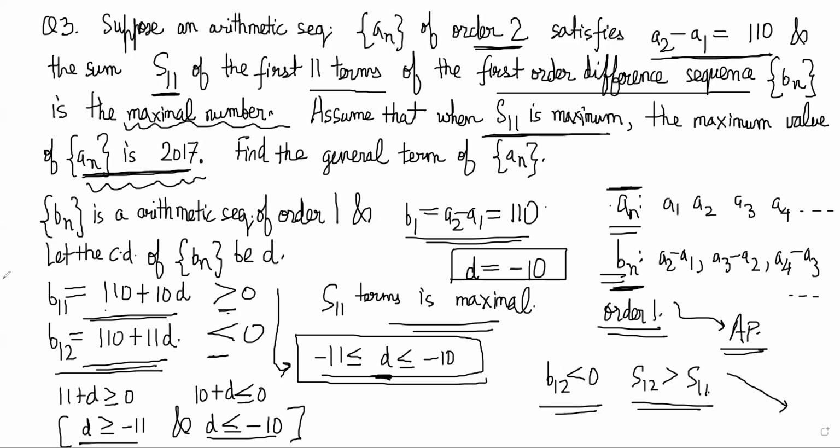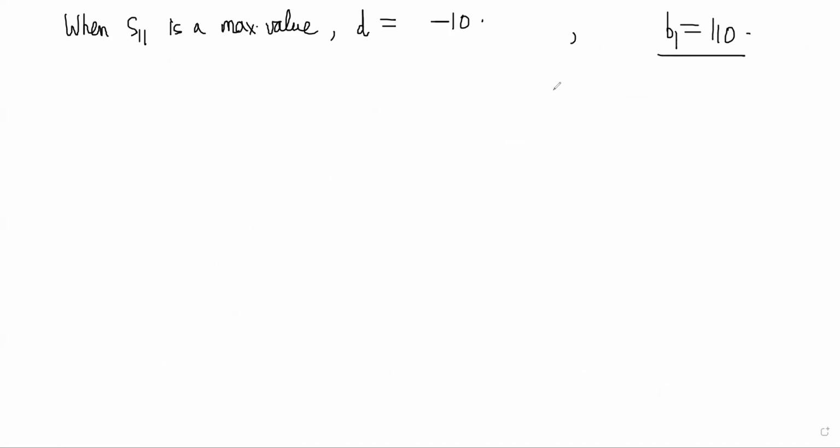Okay, so now we have assumed that when S11 is a maximum value, D is equal to minus 10. And we already know that B1 was 110, right? So that means we can find out S11.